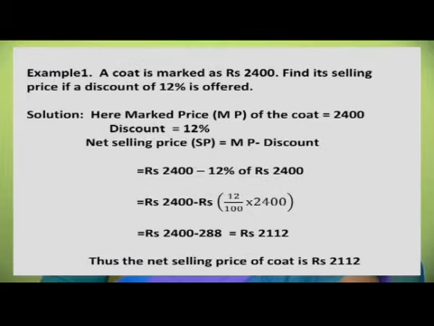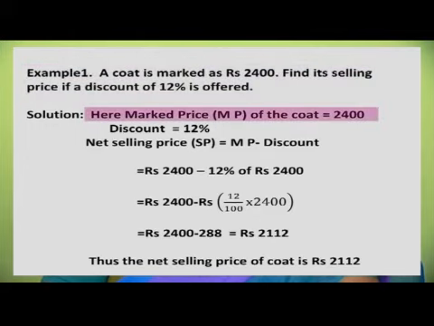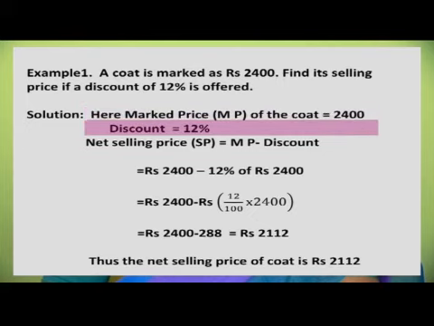Let us see an example. A coat is marked at rupees 2400. Find its selling price if a discount of 12% is offered. Here, the market price is 2400, discount is 12%.